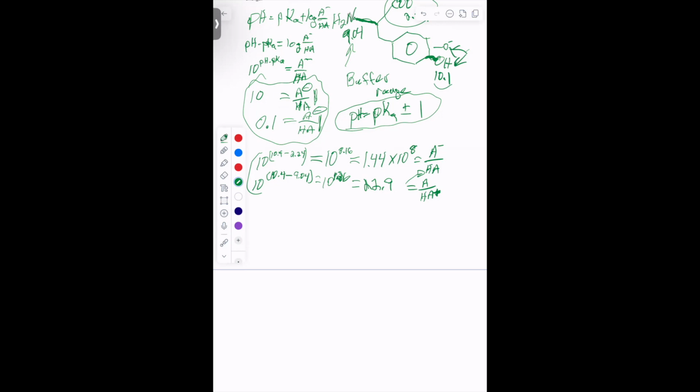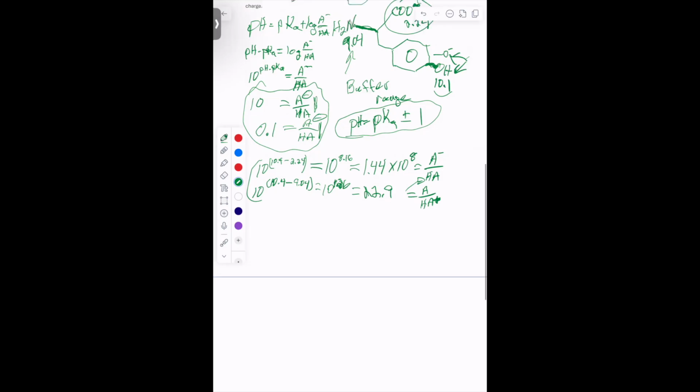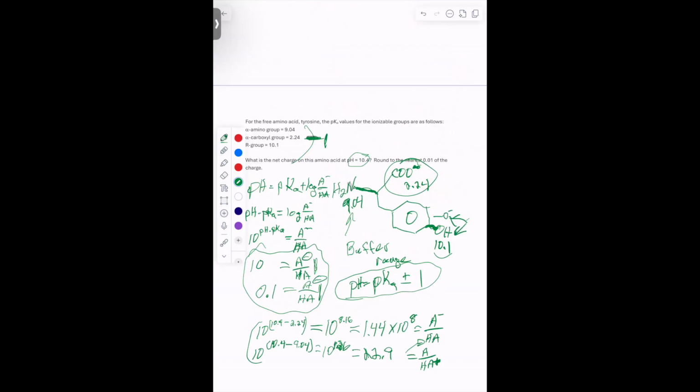Okay, so now I've kind of worked this out. Where am I going with this? I already know that I can say safely the alpha carboxyl group contributes a -1 to the overall charge. The alpha amino group is going to be fairly close to 0, but there may be a small amount of positive charge, and we will look at that.